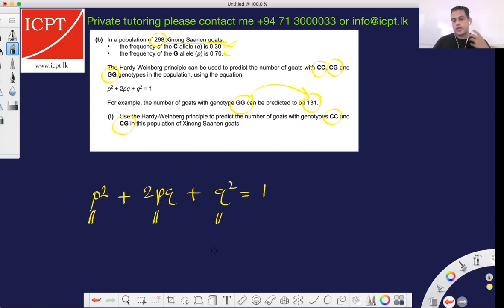So you can always write it like this: total number, and then the recessive form. Here we don't see a recessive form, but we know capital G, capital G is the lowest milk yield, so we can use the number of goats with GG here, and here the total number.